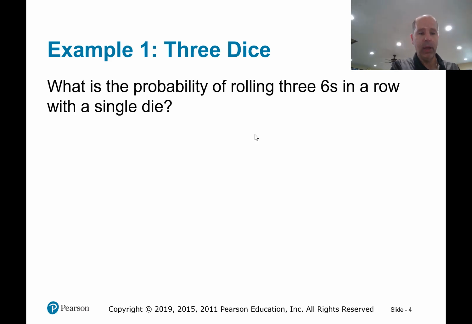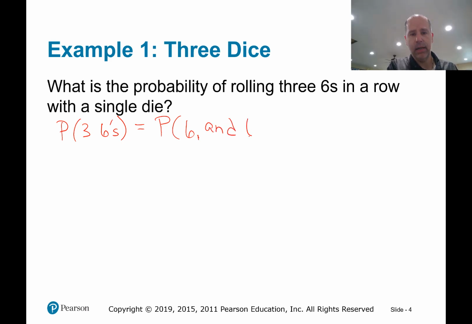What we're saying is, what's the probability of getting 3 sixes in a row? That would be equivalent to saying, what's the probability of getting a 6 on the first roll, and I'll put a little subscript here for that, and a 6 on the second roll, and a 6 on the third roll.